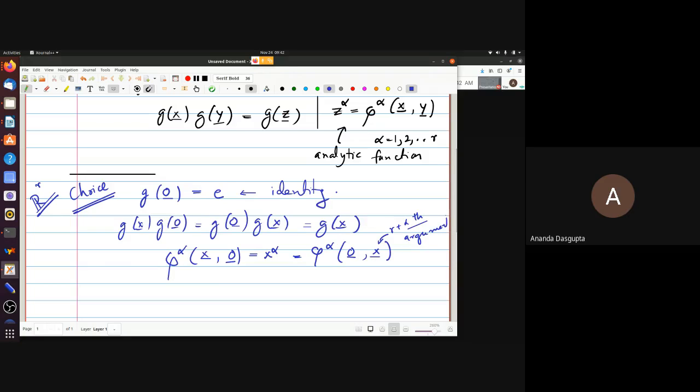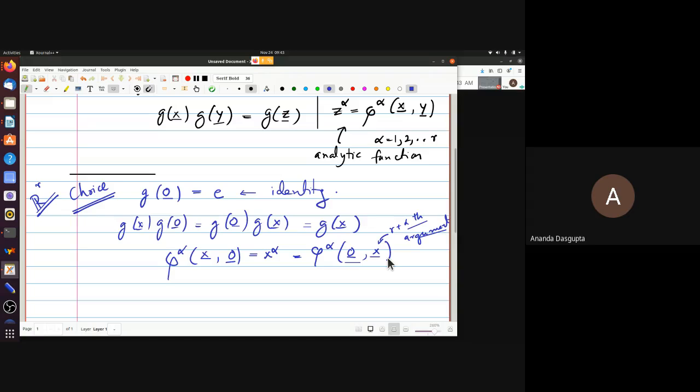If you focus on the function rather than the arguments, there are R zeros here, right? When you say zero with a bar below, I really mean it's not a single zero. There are R zeros here. Then you have x1, x2, x3, up to xr, right? So this R plus alpha is the argument of phi alpha. Of course, we would usually say x alpha without clarifying that because that should be obvious. The alpha is the component of x, but the R plus alpha is the argument of the function.